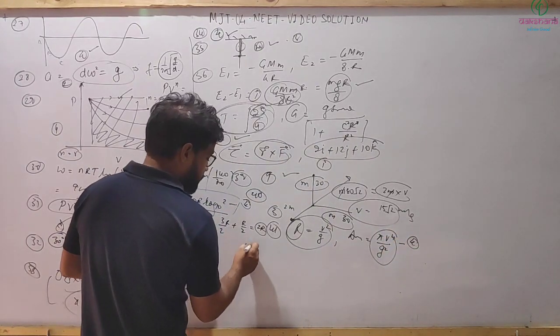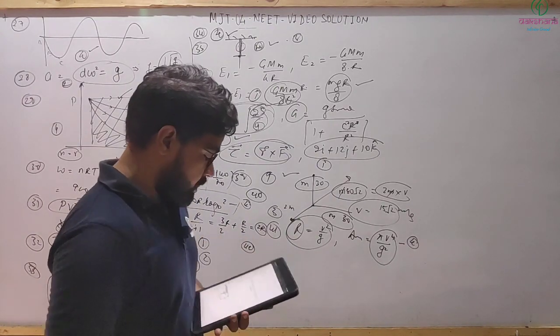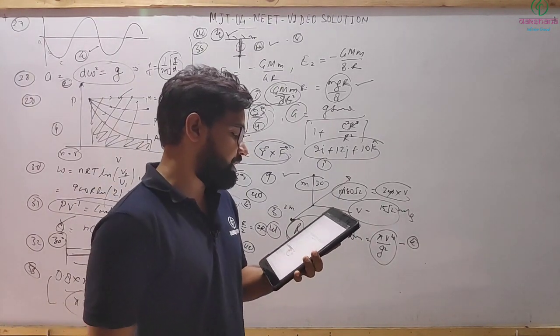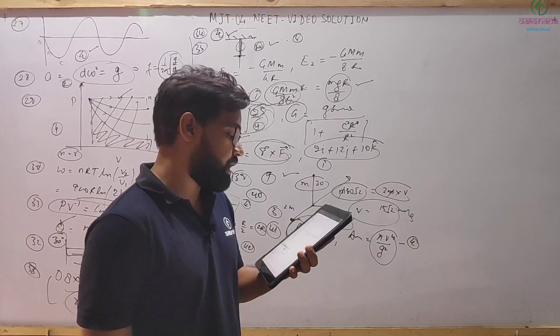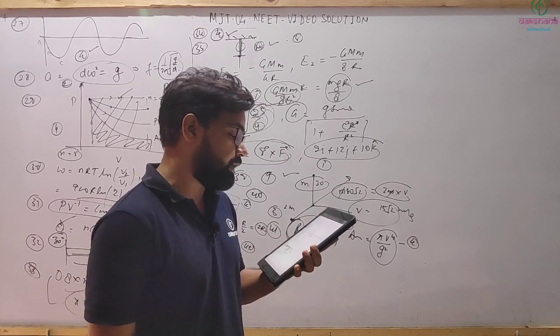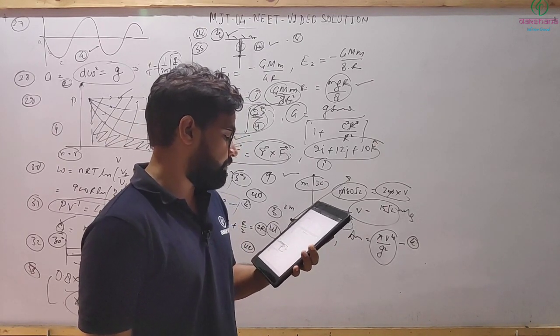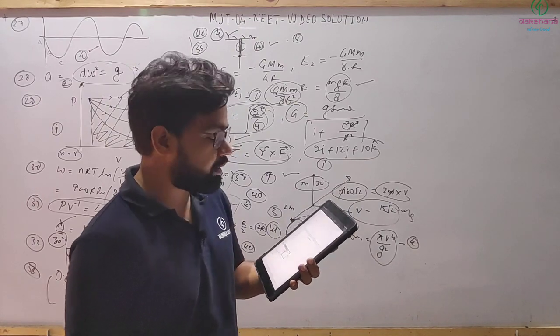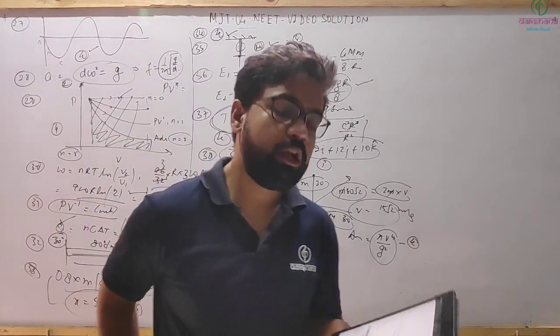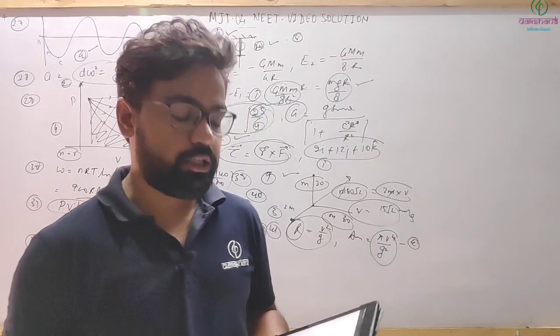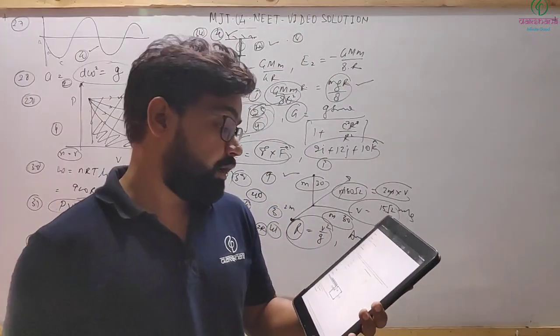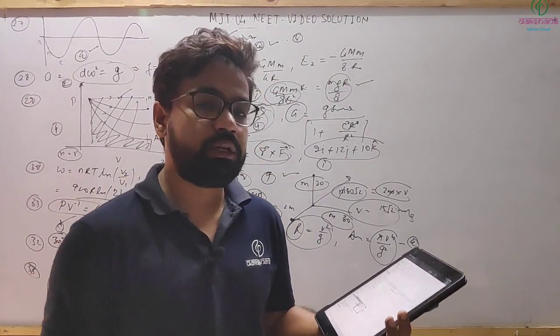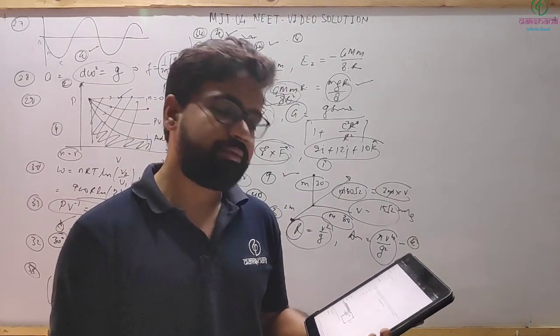Next, question number 42. A uniform chain of length L and mass m is lying on a smooth table, and 1/3 of its length is hanging vertically down over the edge of the table. If g is the acceleration due to gravity, then find the work required to pull the hanging part onto the table. That is equal to the change in potential energy of the hanging part. The initial potential energy with reference to the table plane is m/3 into g into L/6, and the final will be 0.